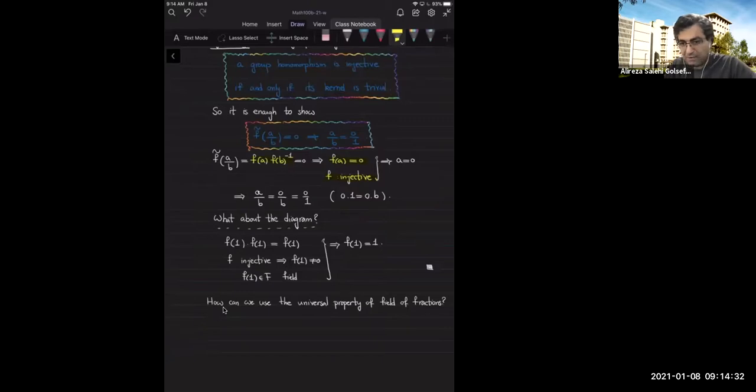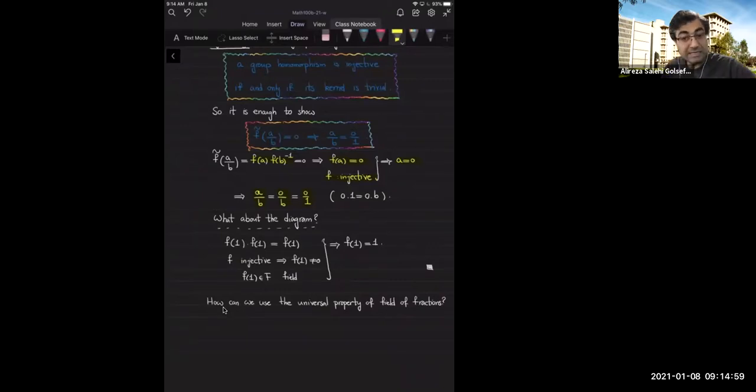And knowing that F of a is 0 means a is in the kernel of F, therefore a is 0. That's the same as saying that the fraction a over b is the same as 0 over b, because a is 0, and 0 over b is the same as 0 over 1. So we just showed that the only element in the kernel of F tilde is the 0 element, and therefore F tilde is injective.